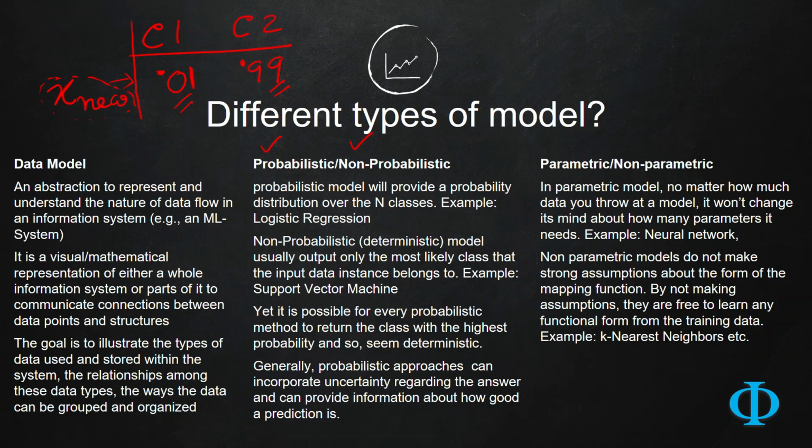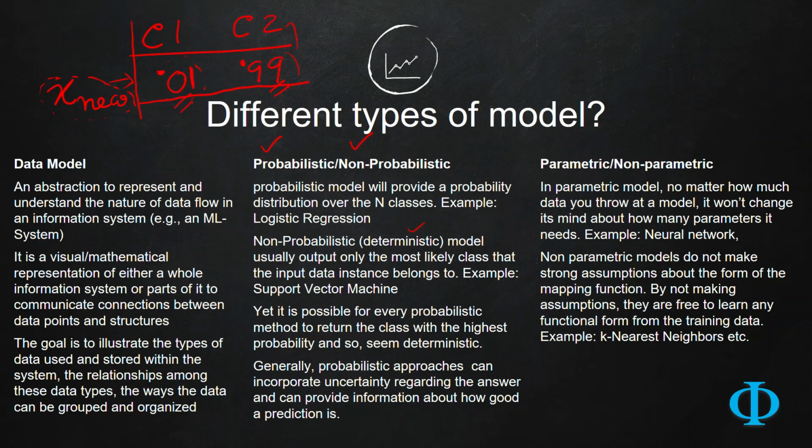Now, a non-probabilistic model, or sometimes we call it a deterministic model, is usually one which outputs only the most likely class that the input data instance belongs to. So for example, in this same example, if it is a probabilistic model, you get the probability, like 0.01 probability to be in C1 and 0.99 probability to be in C2.